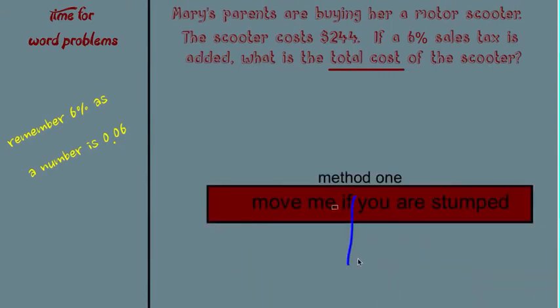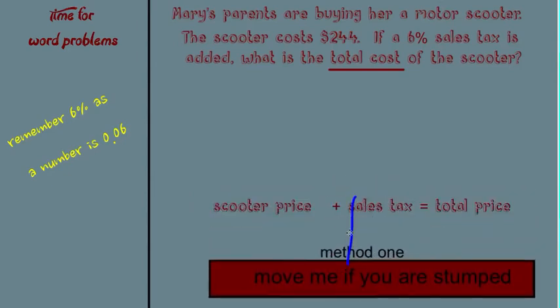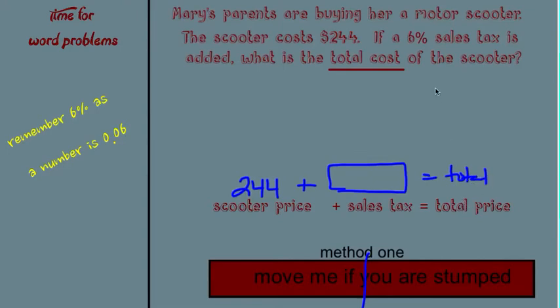The first thing you have to do is find out how much the sales tax is. So one, find the scooter price, which was given to us at $244, and then add the sales tax. But I have to find that, and that would equal my total price. Well, what is sales tax? It's 6% of the cost. Of means multiply.